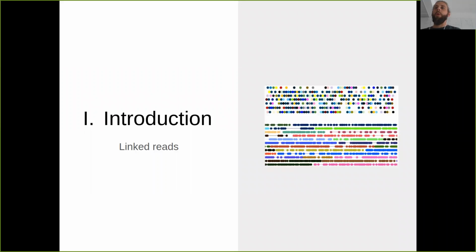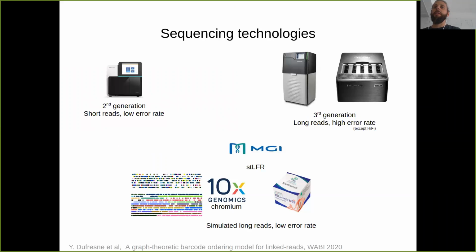First of all, I will talk a bit about linked reads. What are linked reads? Most of the time we talk about second and third generation sequencers. The second generation sequencers allow sequencing genomes with short reads and a low error rate, while third generation sequencers produce long reads with high error rates, except for the HiFi techniques.